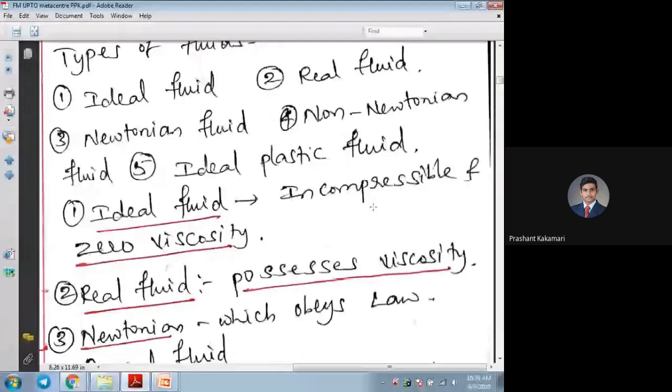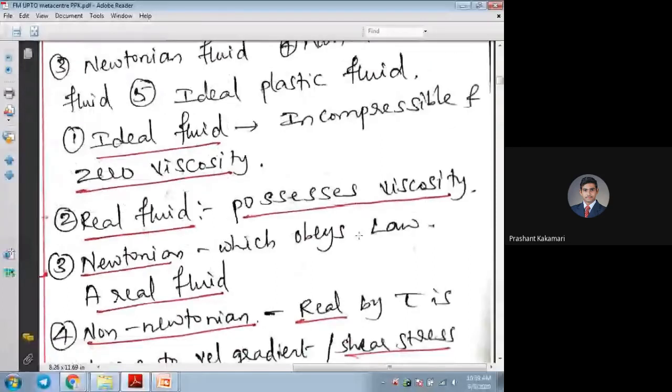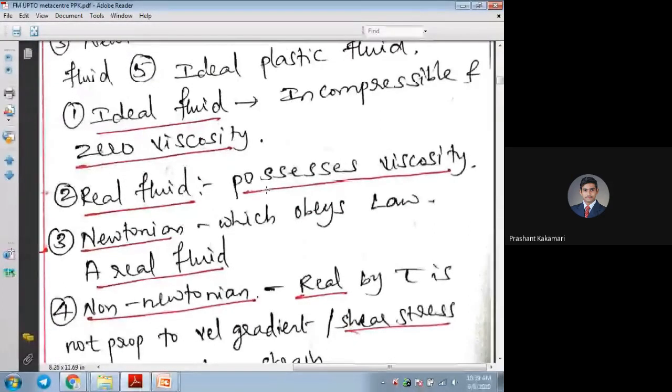And real fluids possess viscosity which is a little bit higher than the Newtonian fluids. That is one thing, which are curvilinear in proportionality with respect to velocity gradient and the shear stress. And Newtonian fluid, if you see, it will just obey the law of Newton.